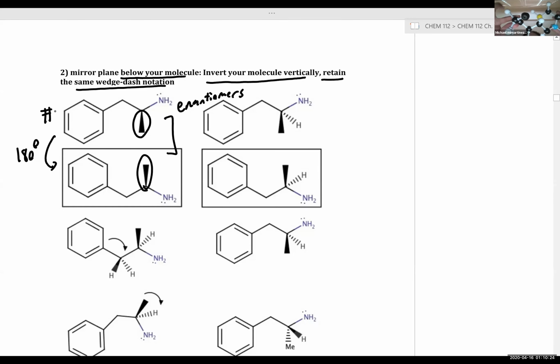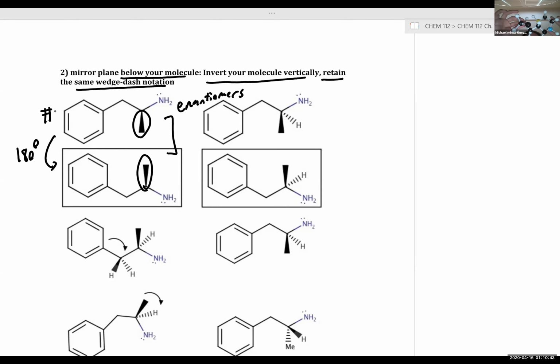One thing I'd like you to appreciate is the methyl group. Is the methyl group pointing out or into the page? Out. Okay.